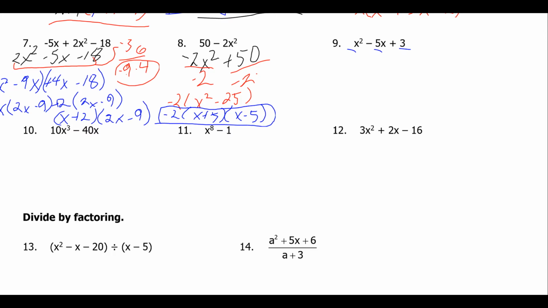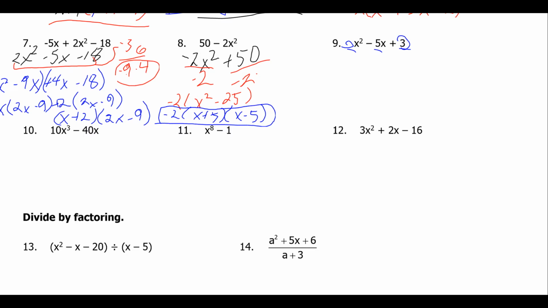If you look at that flow chart that we gave y'all, that means that it's going to be either perfect square trinomial, or we can do it via the AC method. Well, it's not perfect square trinomial because that would mean that this or that would have to be a perfect square.